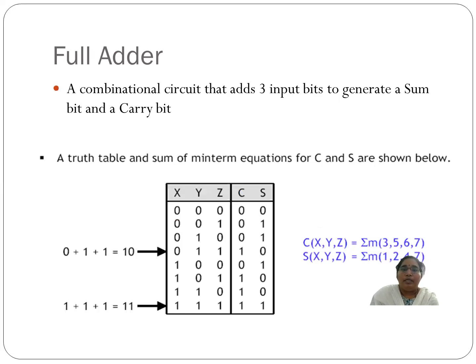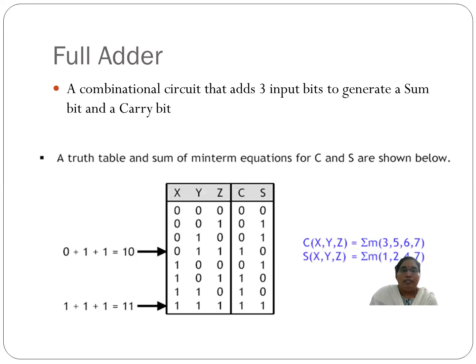We need to design another circuit which can add 3 bits of information. Along with X and Y, we need to add one more bit, called the carry input. Then only can we achieve arithmetic addition in a proper way. So that's why we are designing another circuit called a full adder, which can add 3 bits of information.